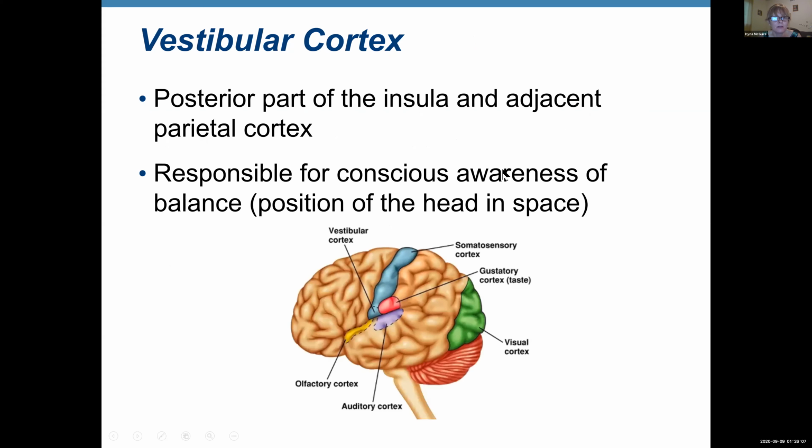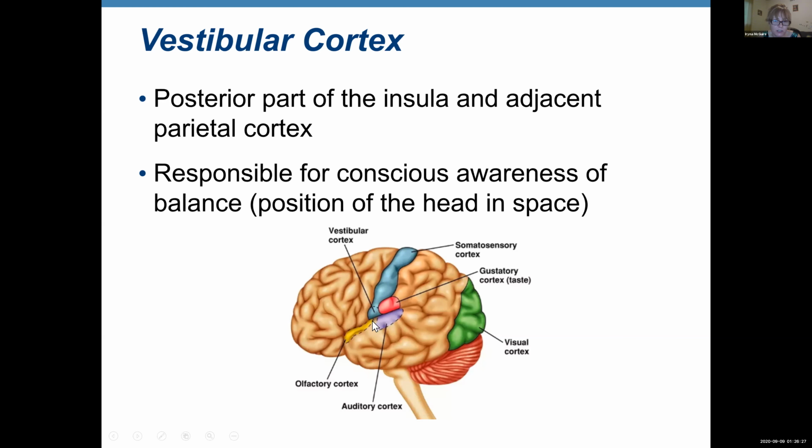Another cortex located in the insula is the vestibular cortex. It's also part of the parietal cortex, so the vestibular cortex would be over here.